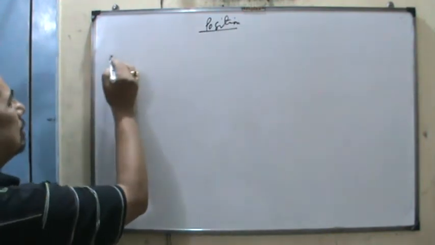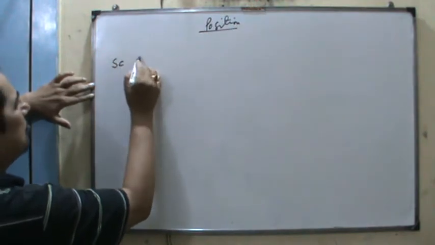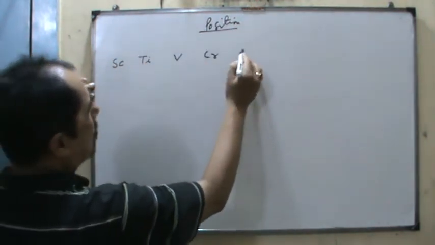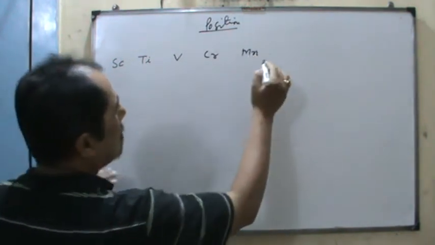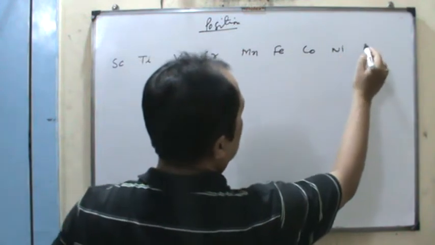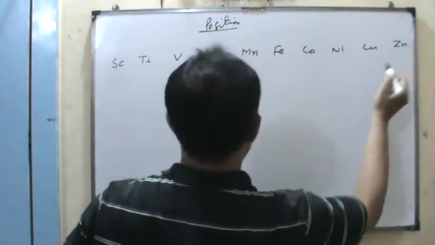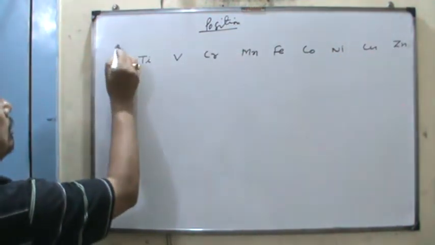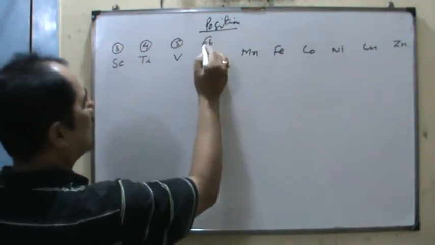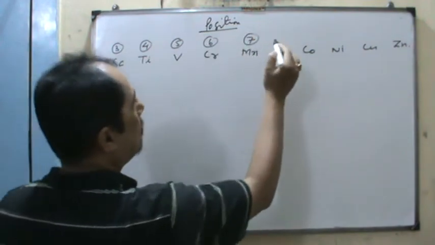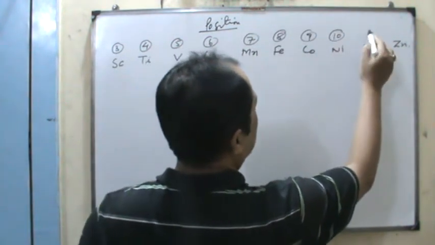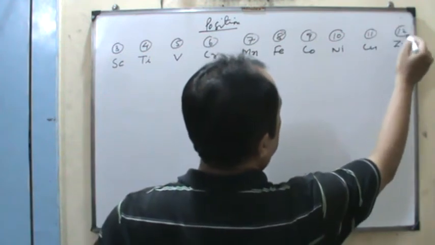First of all, you write scandium, titanium, vanadium, chromium, manganese, iron, cobalt, nickel, copper and zinc. These are groups 3, 4, 5, 7, 8, 9, 10, 11.